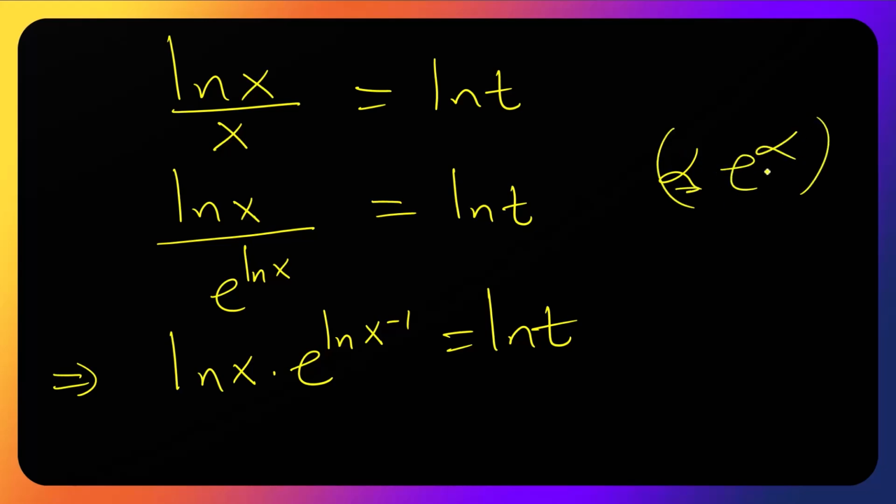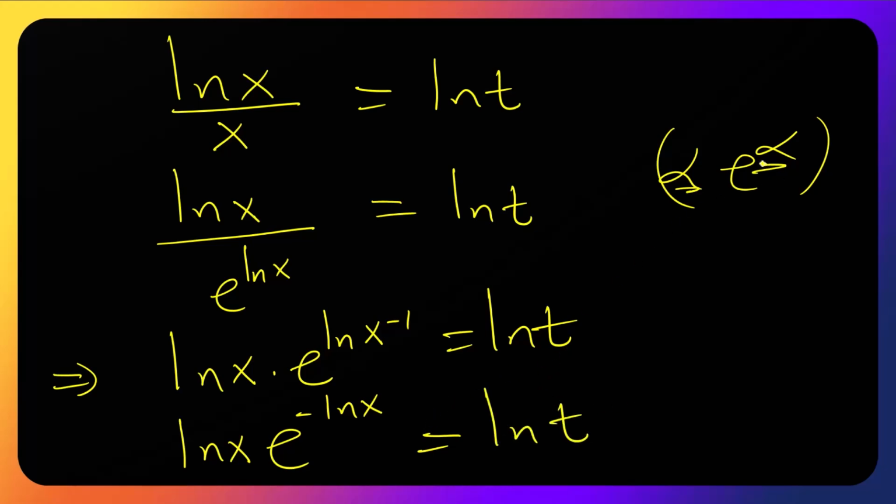So what is here and what is there should be equal. So we have ln of x to the power minus 1. Since this is a power, my next step can be written as minus ln of x, and this equals ln of t.